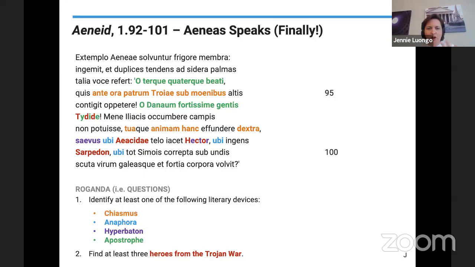He starts out, oh, 3 and 4 times blessed are those for whom it befell to meet death in front of the faces of their fathers beneath the high walls of Troy. All right, so you can see those 2 genitives, patrum and Troiae, that get sandwiched in there in that chiasmus. And then he continues on with the apostrophe.